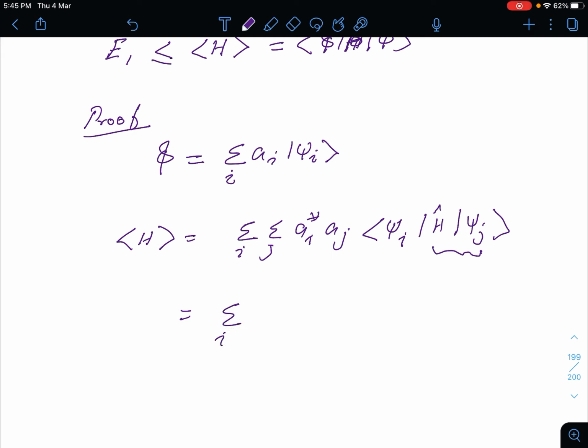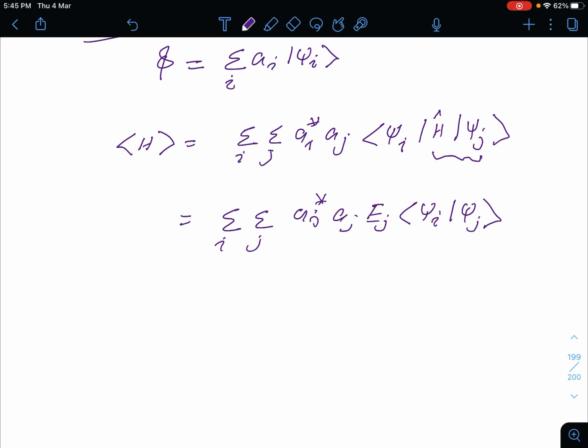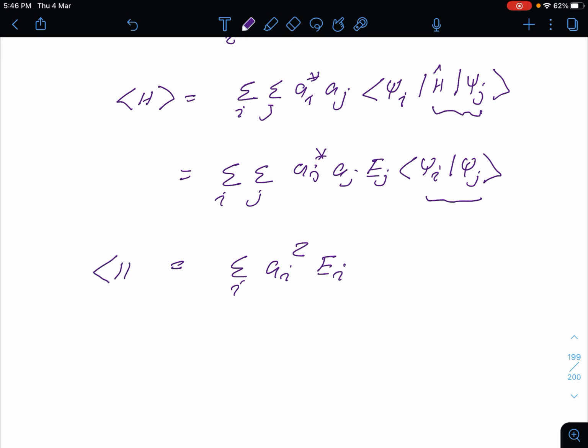So I can write the sum over i and j of a_i star a_j E_j times the integral of psi_i psi_j. Whenever i is equal to j this becomes 1, otherwise it's 0, the Kronecker delta which we have used. So this becomes the sum over i of a_i squared E_i. Clear?